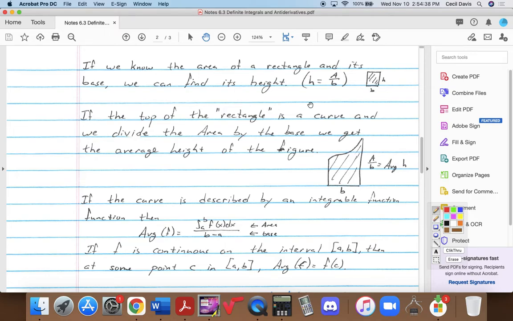Okay? So if the curve is described by an integrable function, then the average of f is equal to the integral from a to b of f of x dx, that's the area, divided by b minus a, that's the width of the base.